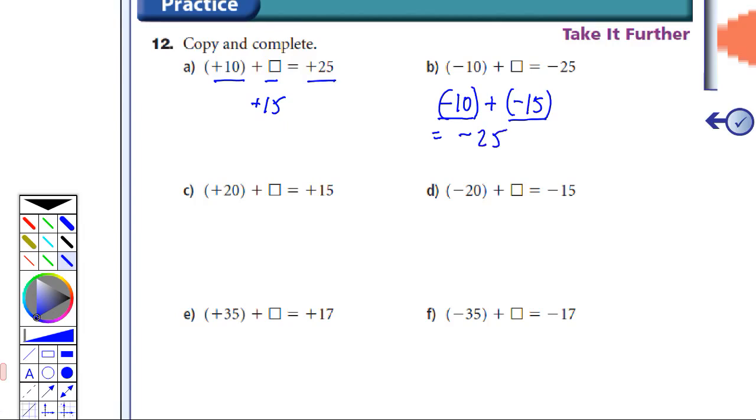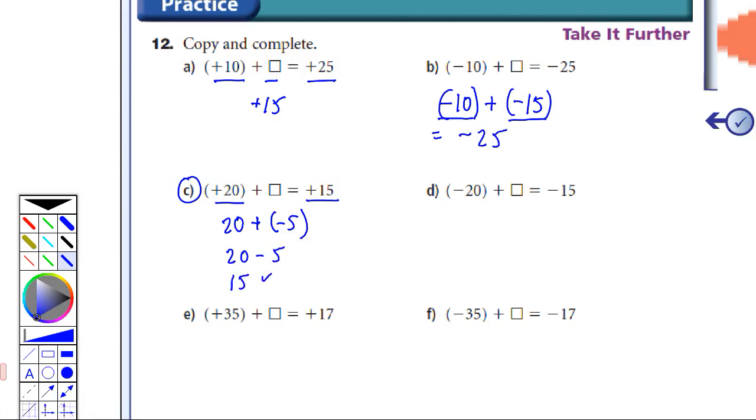Let's go to C. Plus 20 plus some number will give me plus 15. Well, I'm going down by 5, which means it's got to be subtraction. So it's going to have to be 20 plus negative 5, because that turns into 20 minus 5, which is going to be 15, and that matches.